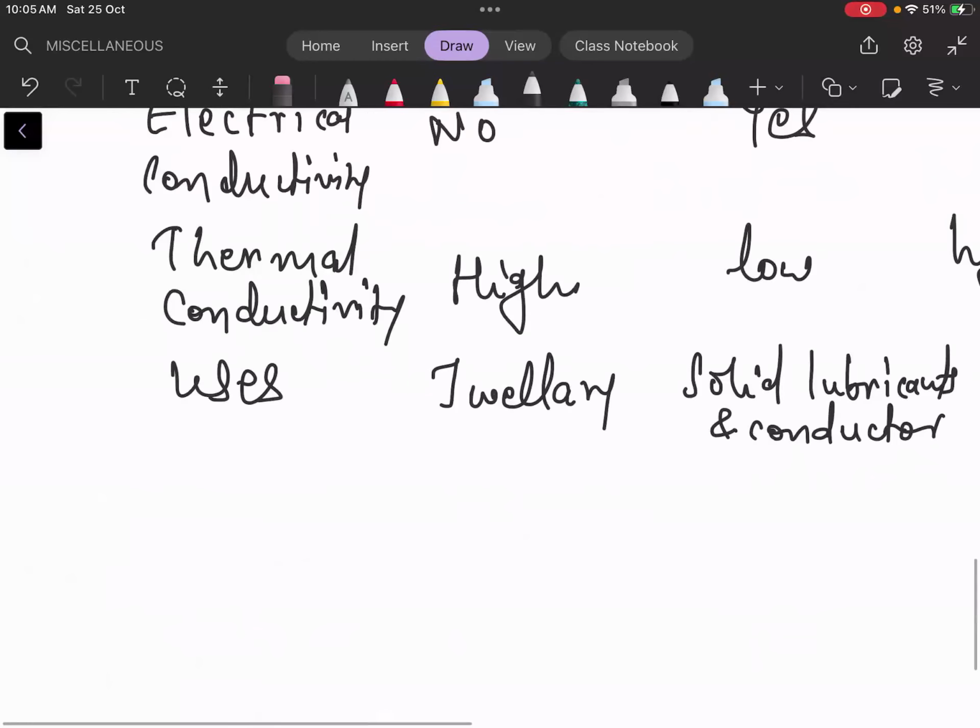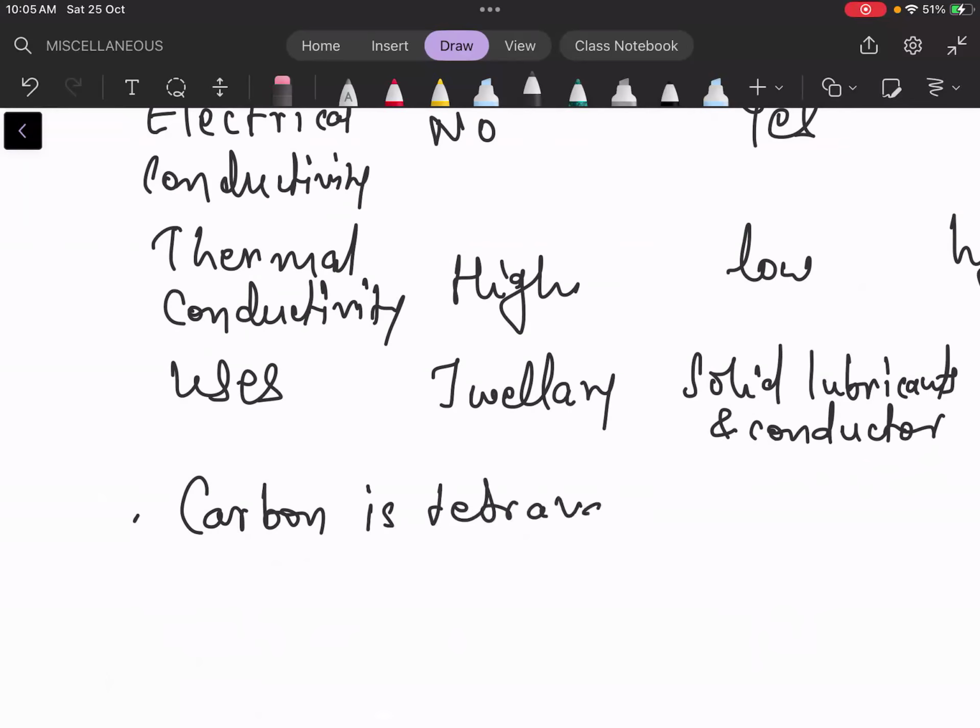Now, carbon is tetravalent. We've already seen this, but still. Why? The atomic number of carbon is 6, so its electronic configuration is 2, 4.